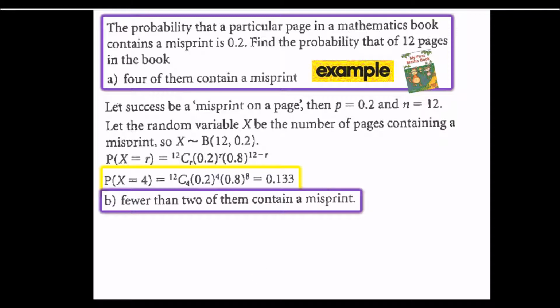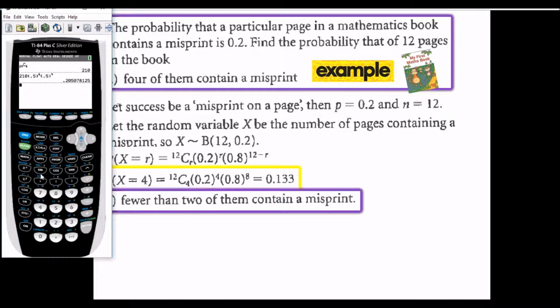And then you pop it in the calculator, of course, again, just reminding you how you do that. You go math, select, go across to probability. NCR is part 3, so we've got a 12, and we've got a 4 here.